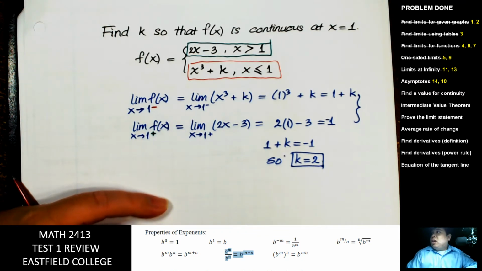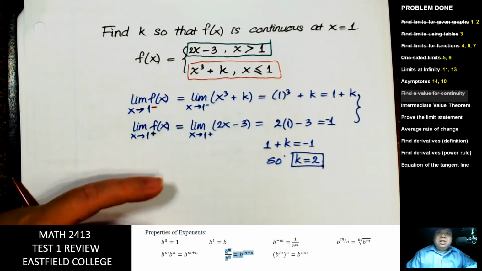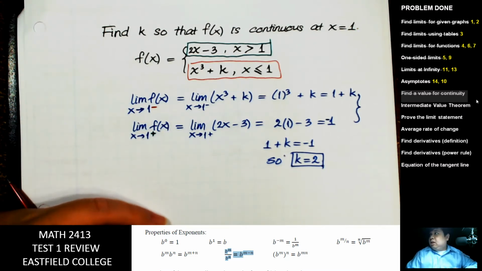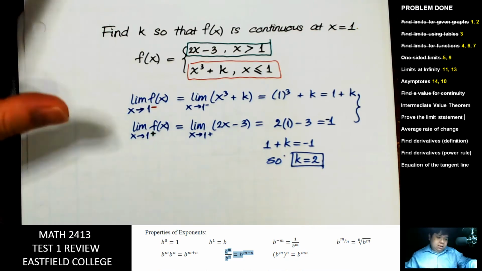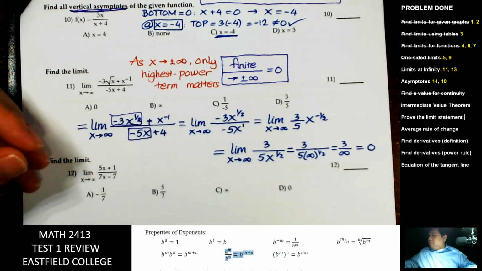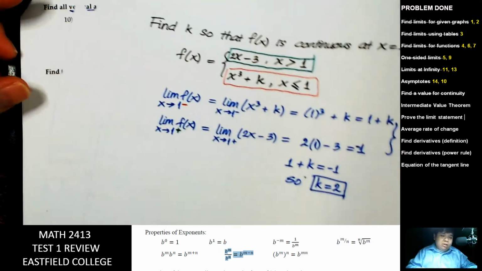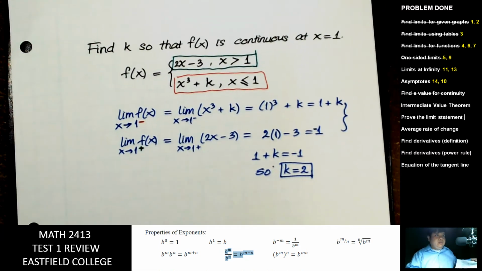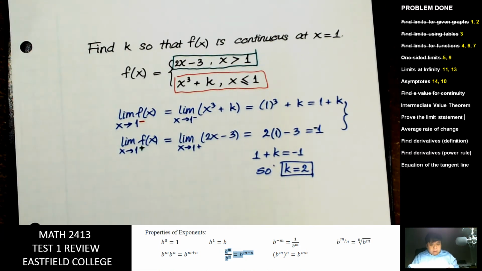I forgot to put this in on the review, so we don't have any problem for that, but we cover that topic. And once again, what's that? Intermediate value theorem.